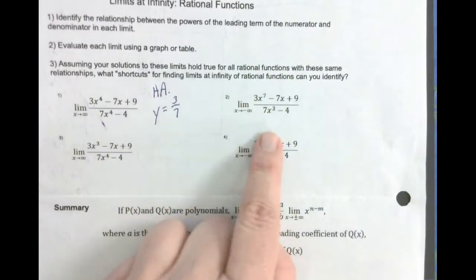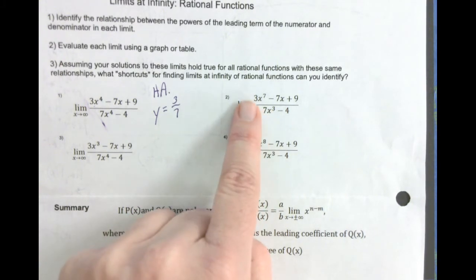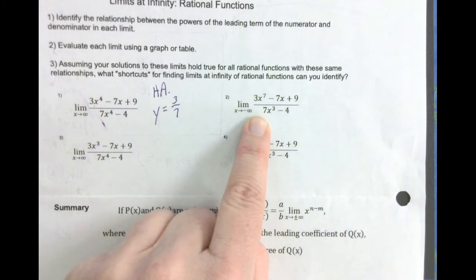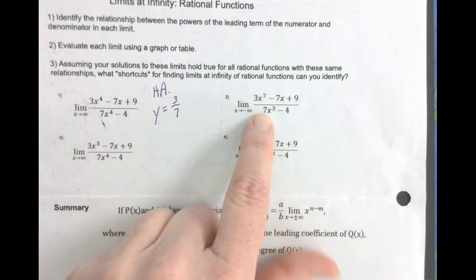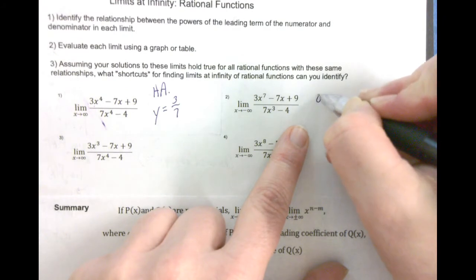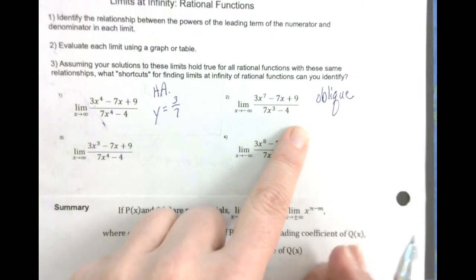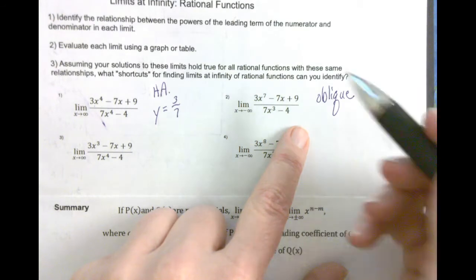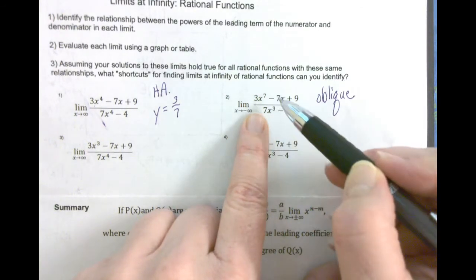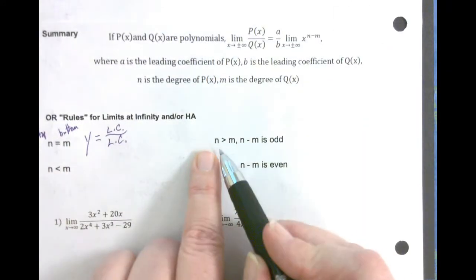Okay, but this one, the degree of the top, is way bigger than the degree of the bottom. That's the slant asymptote. Okay, actually, technically, this one will not be a slant. It will, in general, be an oblique asymptote. It won't be horizontal. It will be something other than horizontal. And what that depends on is the difference in these degrees. What is the degree difference?